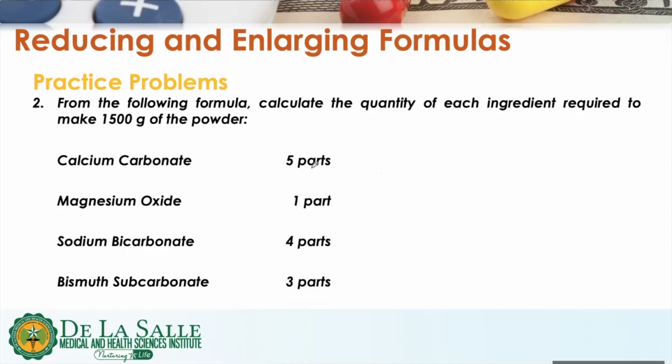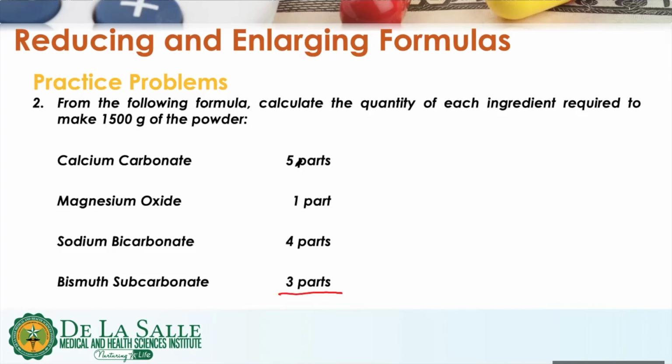So in this case, since we are given 5 parts of calcium carbonate, 1 part of magnesium oxide, 4 parts of sodium bicarbonate, and 3 parts of bismuth subcarbonate, and we were asked to calculate the quantity of each ingredient required to make 1,500 grams of the powder, we can get the sum or the total of the number of parts of each of these ingredients.